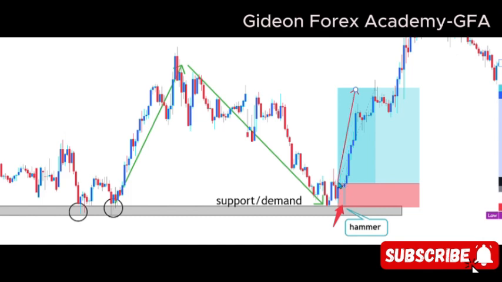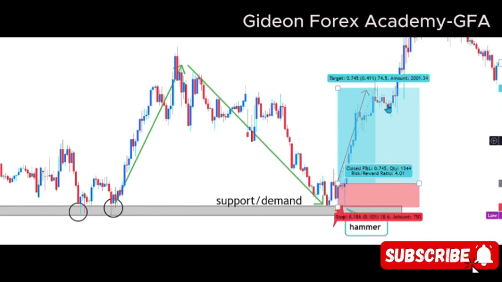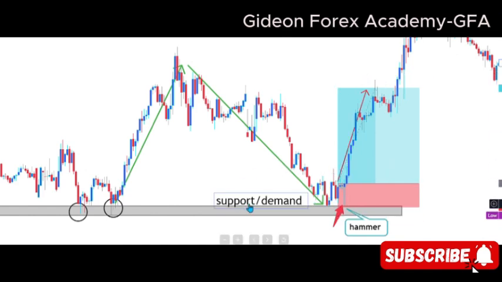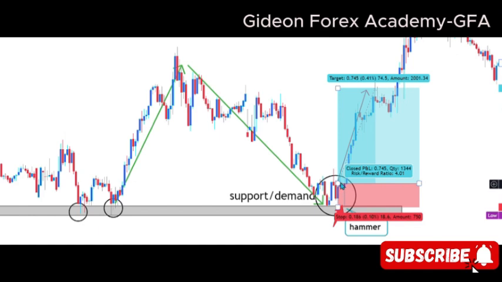From a downtrend to an uptrend, that's a reversal from the support or demand zone. The hammer candlestick pattern is an extra layer of confirmation at a demand zone or even at the trend line to indicate aggressive buying pressure to the upside. So you place your buy order after the close of that hammer.